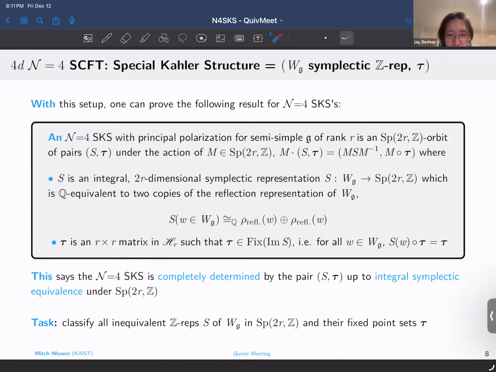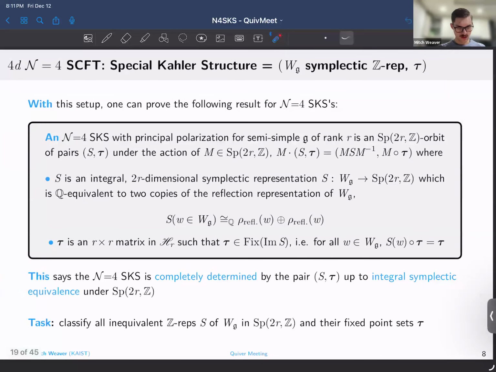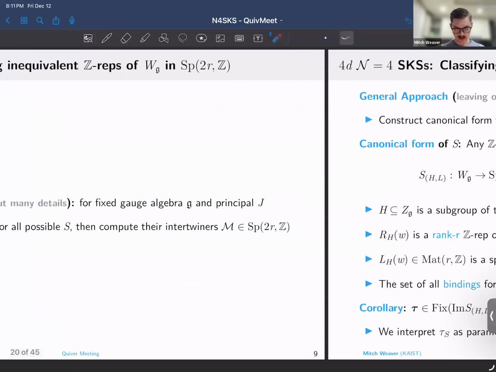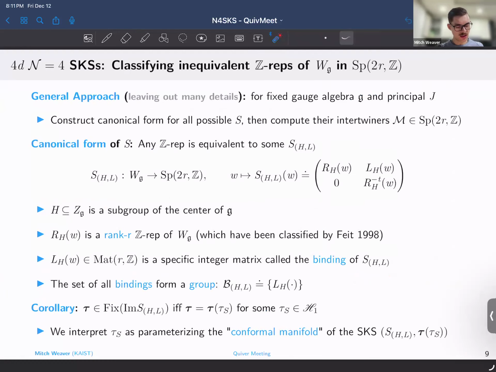Do you know this? Oh, yeah. In general, this depends on the canonical form. If you were to give me any of these symplectic Z representations of the Weyl group, these 2r dimensional ones, I know I can always conjugate it into this canonical form.